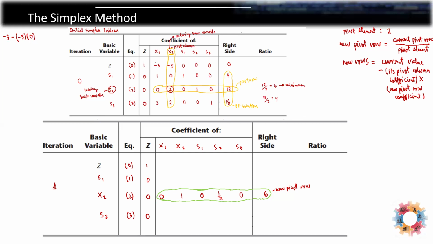Corresponding to that column where you have -3, this is equal to -3. So indicate here -3.